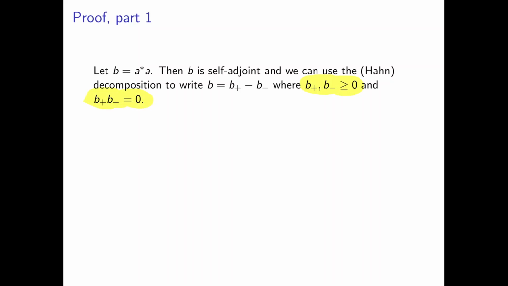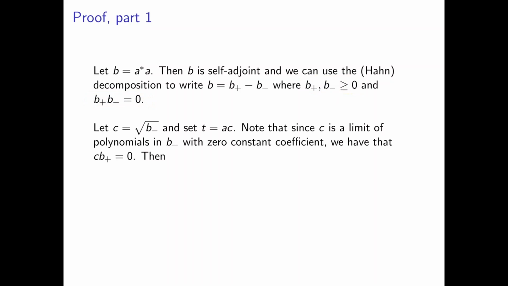So we're going to use all of this. And now we use some more auxiliary notation. So we let C be the positive square root of B minus, which we can do because B minus is positive. And then we set T equal to A times C.